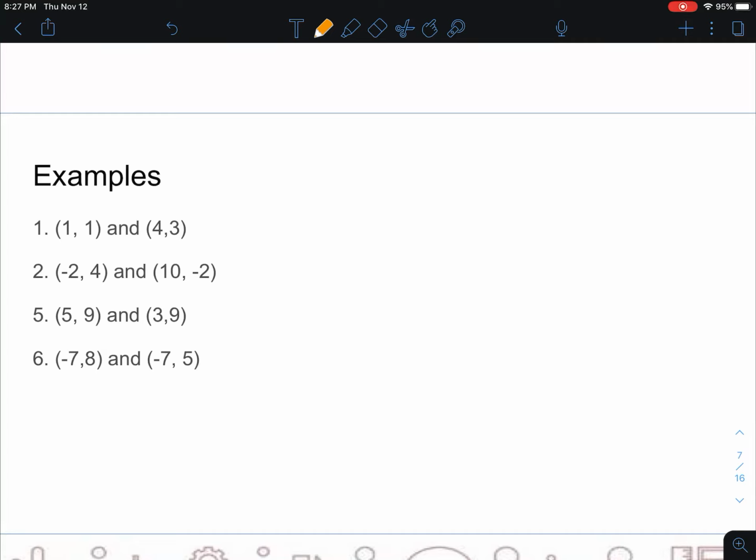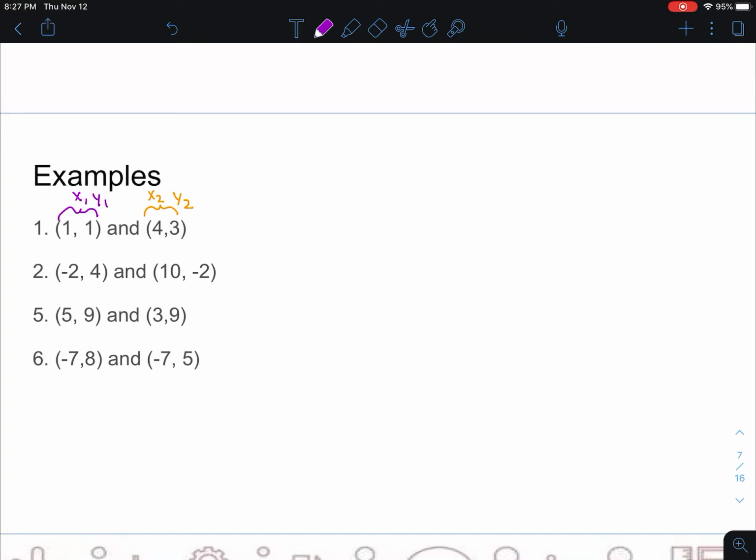I like to subtract the numbers so that it's the larger number minus the smaller number. So in our first pair, this one will be our x2 and our y2, because our ordered pair here is larger than our ordered pair here, so it just makes subtraction easier. And this one will be our x1 and our y1.